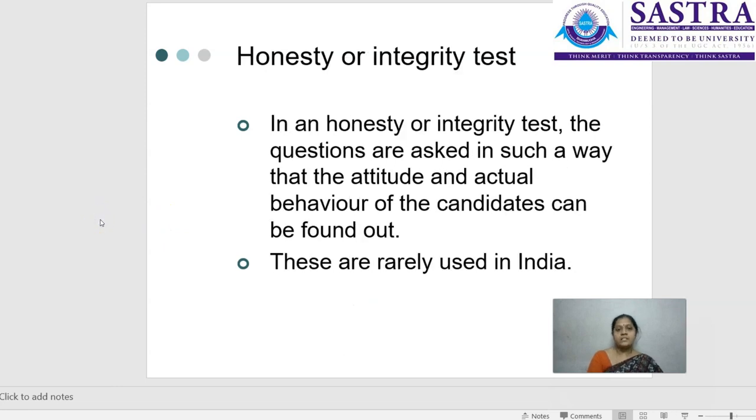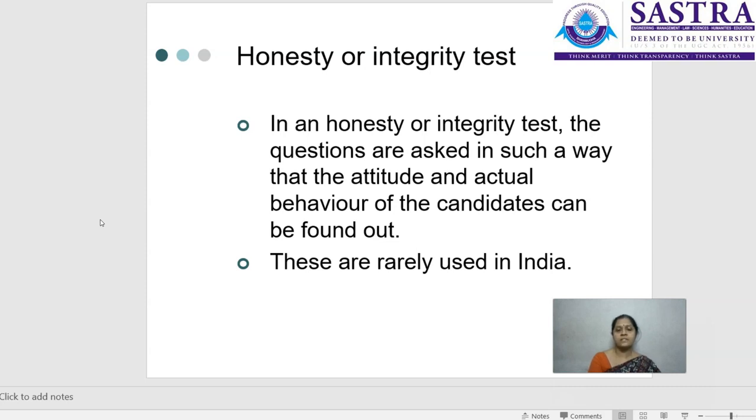And the next test is on checking the honesty and integrity of a candidate. In an honesty and integrity test, the questions are asked in such a way that the attitude and actual behavior of the candidates can be found out.